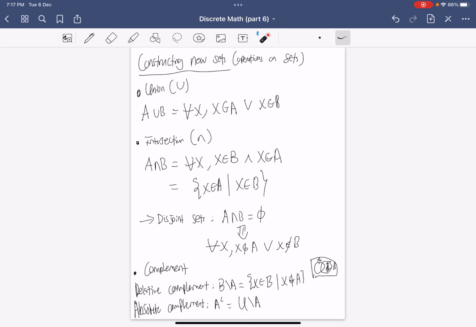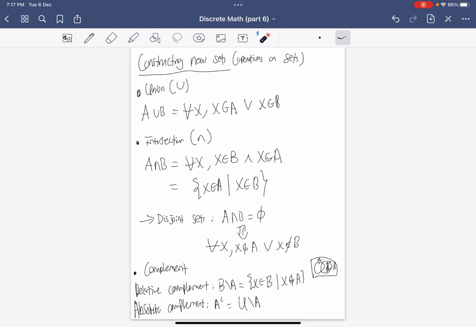What does it mean to be an intersection? Intersection is another operation where, for A intersect B, X must be in both A and B. You can write it out in set builder notation as the following form: the elements of A that are also elements of B. If they are disjoint, by definition it just means that this is empty.